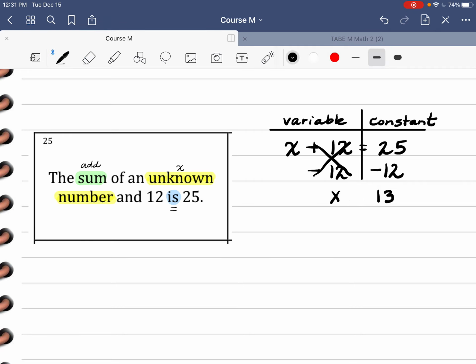So the unknown number is not unknown anymore. It is a 13. So for the rest of these, we're going to be practicing setting them up and solving them. This is a little bit of an extra step than what we're used to.